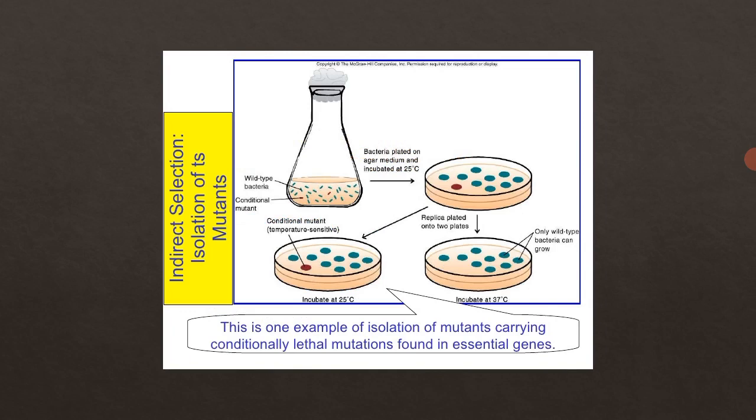And one more point I want to add: with the help of the recombination frequency, the crossing over for the plaque, we can map the mutant genes. That we will see in the next lecture. After that we studied the lethal mutant and the conditional lethal mutants.